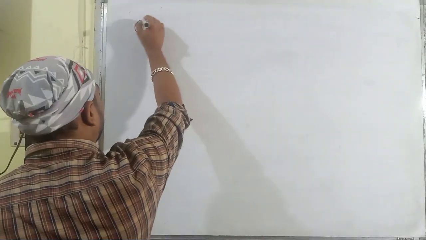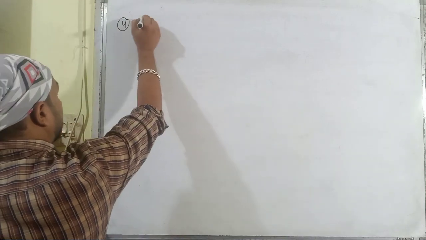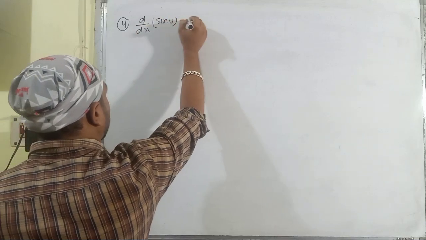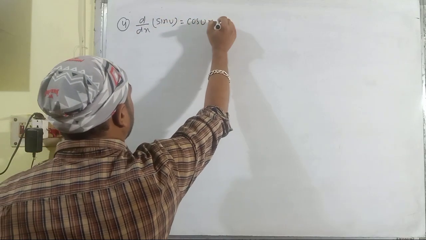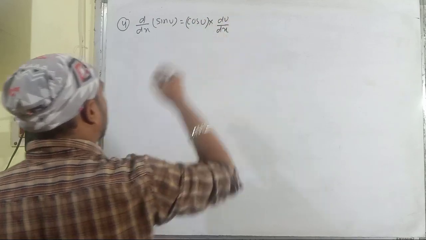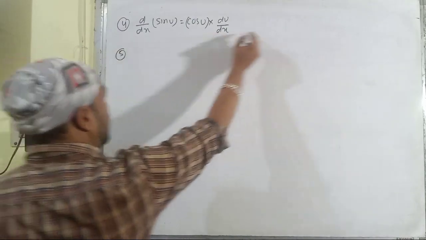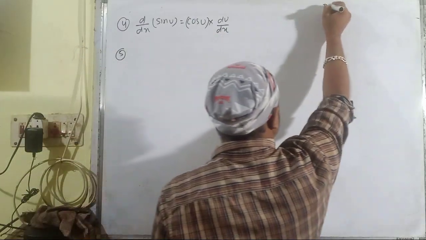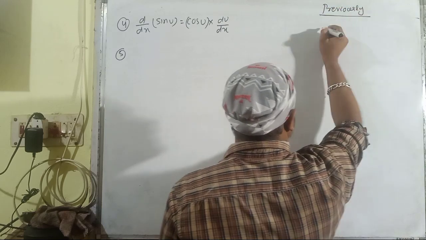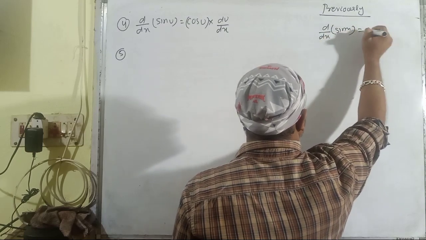The formula number 4, differentiation of sin u is cos u multiplied with differentiation of u with respect to x. Previously we know that differentiation of sin x is cos x.